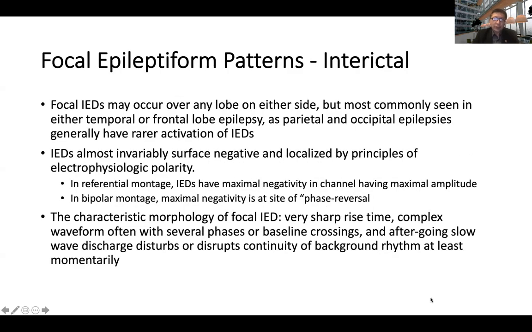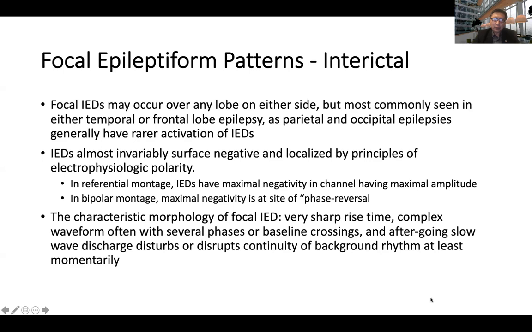So let me start with the focal epileptiform pattern. The focal IED may occur over any lobe on either side, but is most commonly seen in temporal or frontal lobe epilepsy. Compared with that, parietal and occipital epilepsy generally rarely show activation of IED.